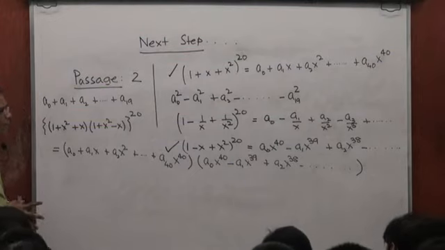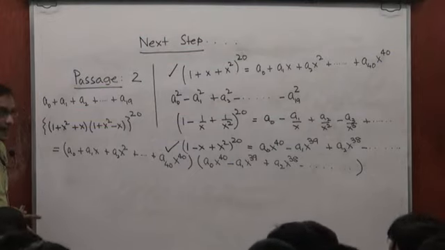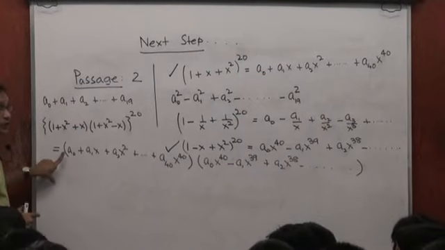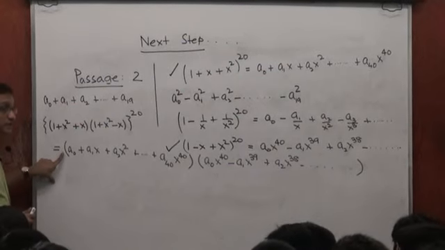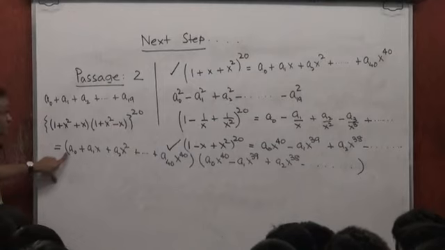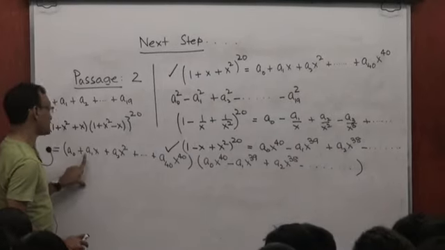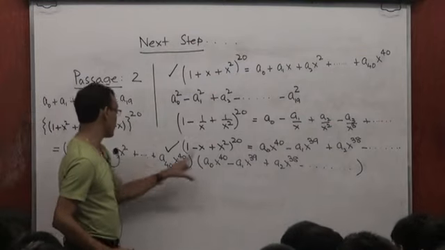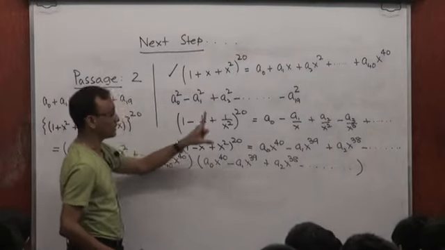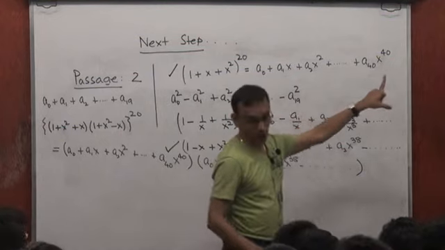Now, how do I obtain the a naught squared minus a1 squared plus a2 squared coefficient of x power 40? Do you realize that? A naught squared x power 40 minus a1 squared x power 40 plus a2 squared x power 40 minus a3 squared x power 40. Right?